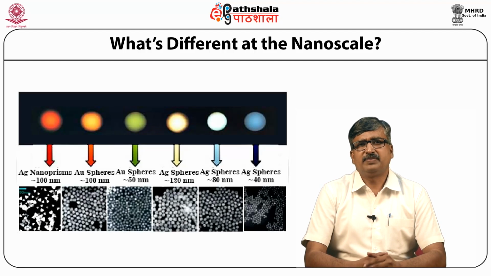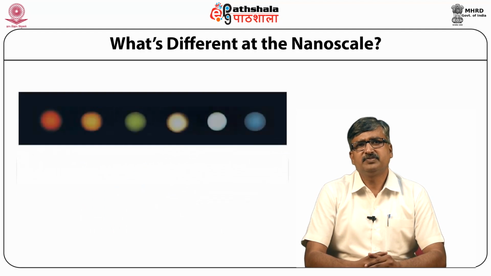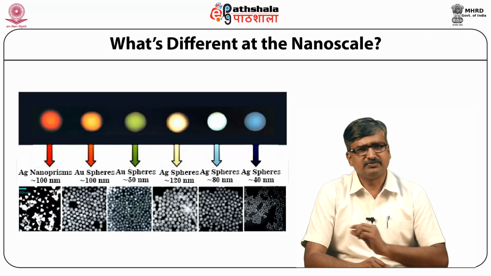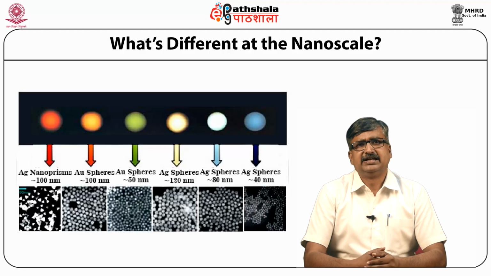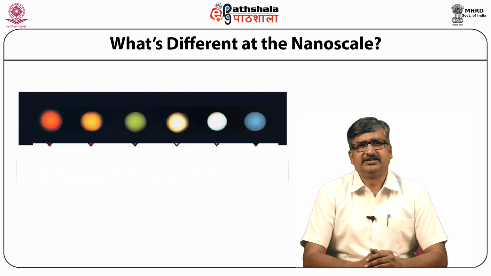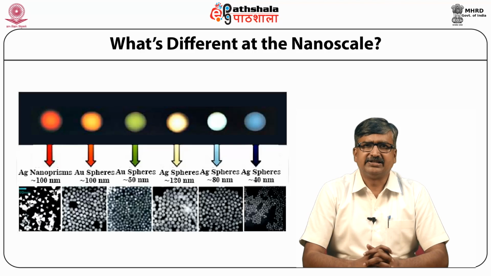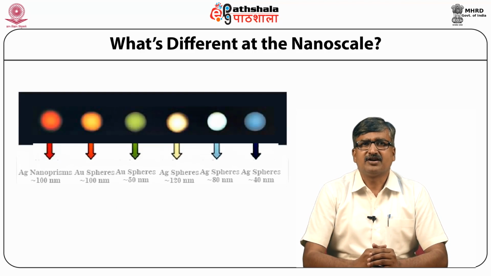Thus, when particle size is made up to a nanoscale, properties such as melting point, fluorescence, electrical conductivity, magnetic permeability, and chemical reactivity change as a function of the size of the particle.